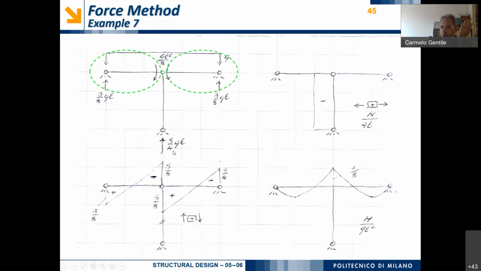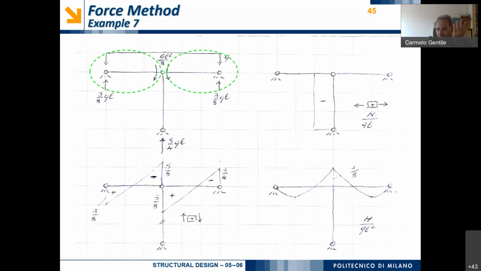But this solution was already known to us because it is the solution of a beam in which we have no rotation corresponding to the intermediate support.